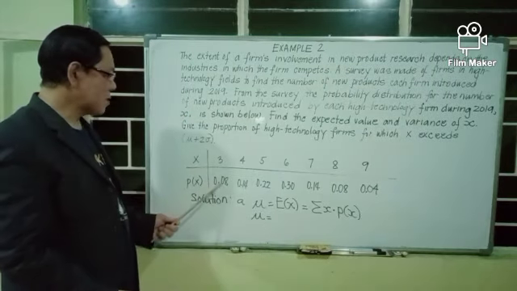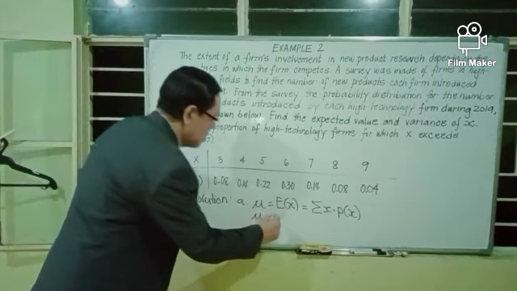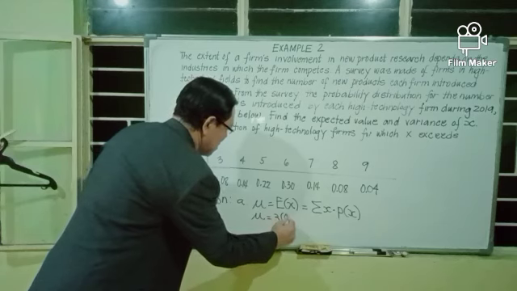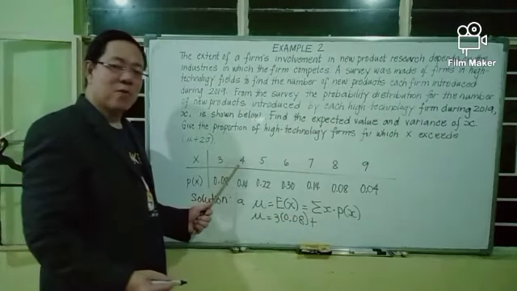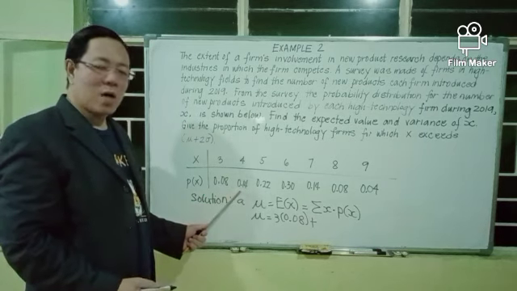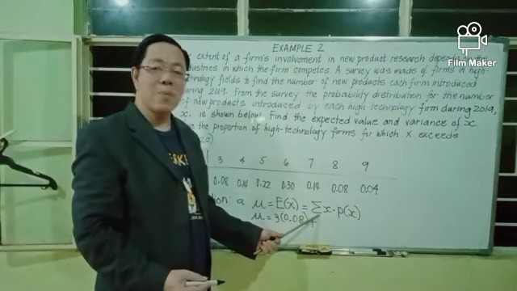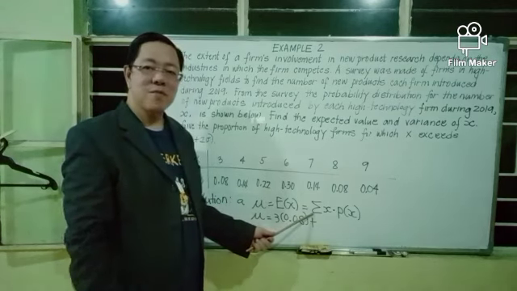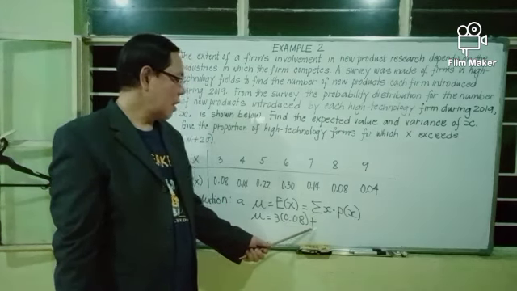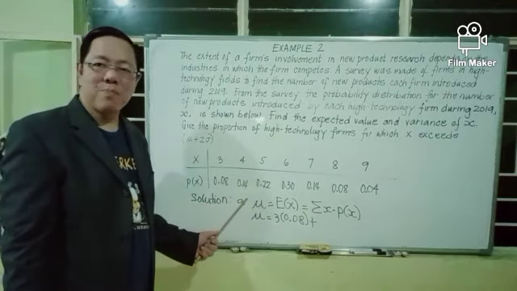We have 3 multiplied by 0.08 plus 4 multiplied by 0.14. We use plus because the operation indicated by the sigma notation for summation is addition.